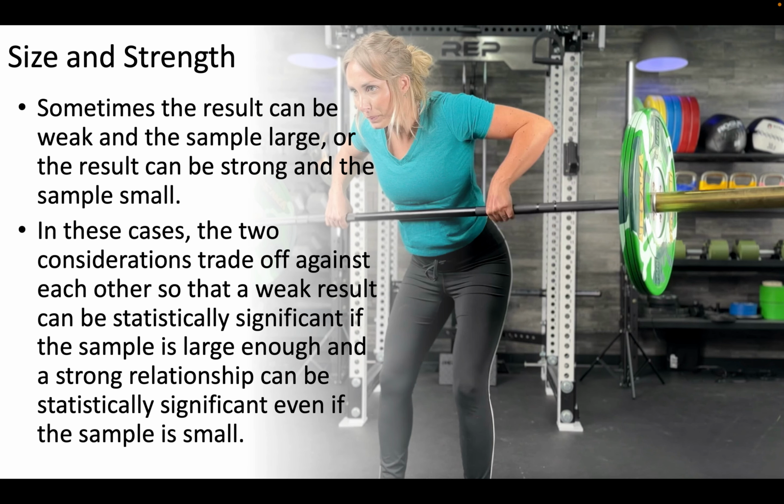Sometimes the result can be weak and the sample large, or the result can be strong and the sample small. In these cases, the two considerations trade off against each other, so that a weak result can be statistically significant if the sample is large enough, and a strong relationship can be statistically significant if the sample is small.